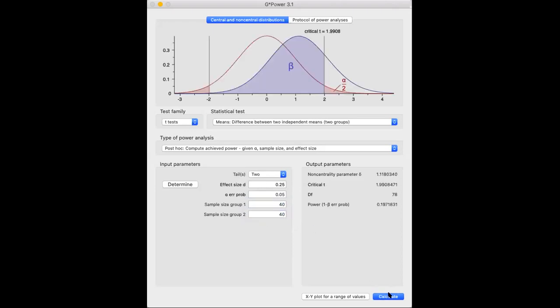If we calculate, we see that their power is only 20%, less than 20%. Which means that if this effect size is really that small, and if the sample size is that small, then if we run the same study with the same sample size, there's only a 20% likelihood that the significant effect gets replicated.